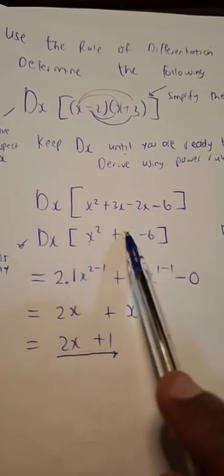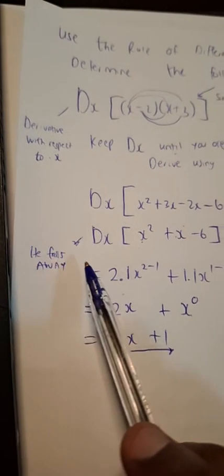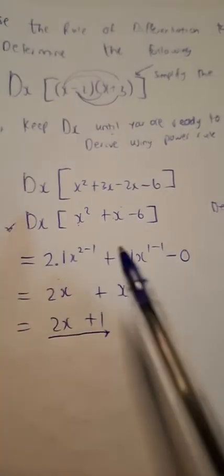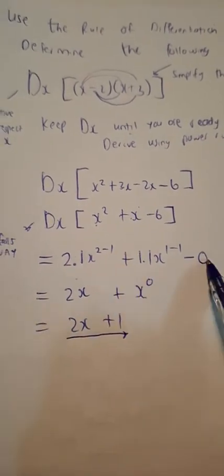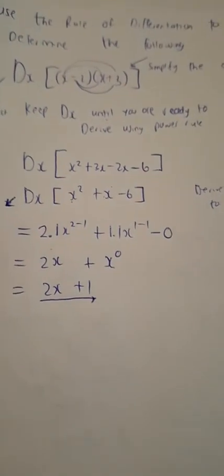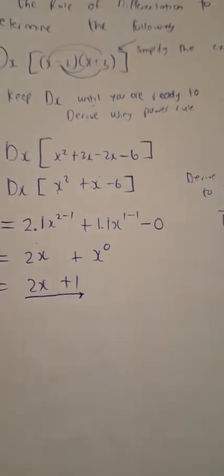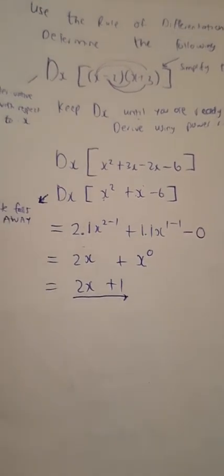There are 1, 2, 3 terms. Now all we need to do is derive with respect to what? To x, using the power rule, and we derive each respective term. Please guys, when you are deriving, the dx must not be there. It must fall away. It must say goodbye, and then you know for sure that the person is deriving now.